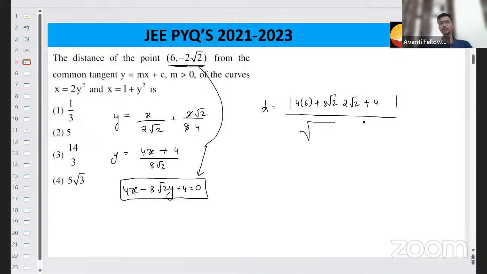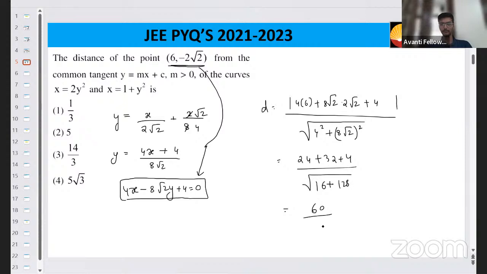Upon under root of, we take the coefficients, square them and add, that means 4 square plus 8 root 2 square. Right? 6 4s are 24, 8 2s are 16, 2s are 32, plus 4, upon under root of 4s are 16 plus 64 2s are 128. 36, 46, 56, 60 upon, what is this?